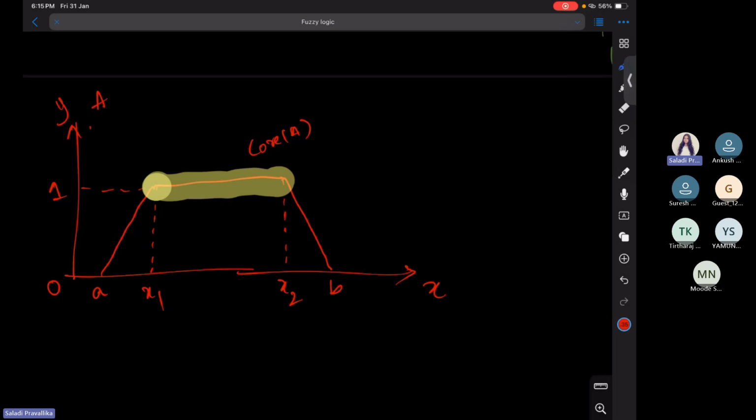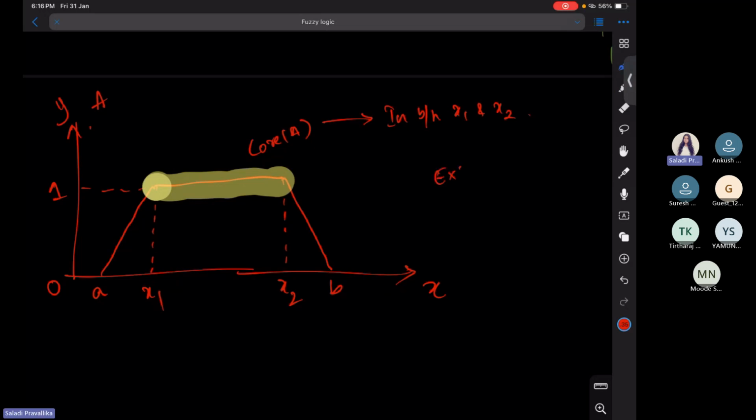Okay? All the values in between x1 and x2. When for a given value of x the membership function value is equal to 1, then it is called the core of A. Right?